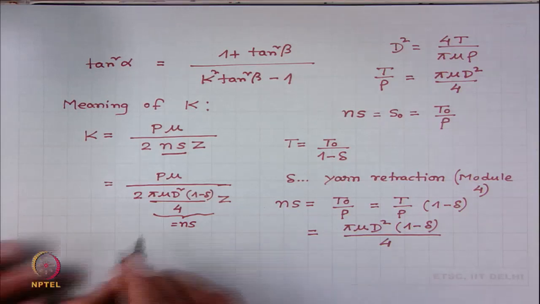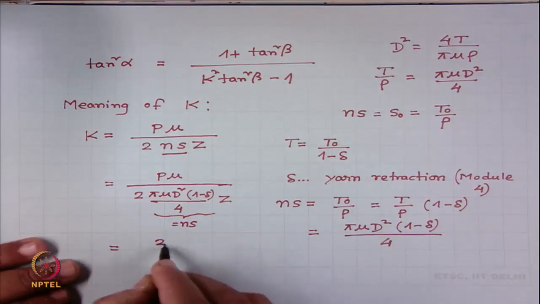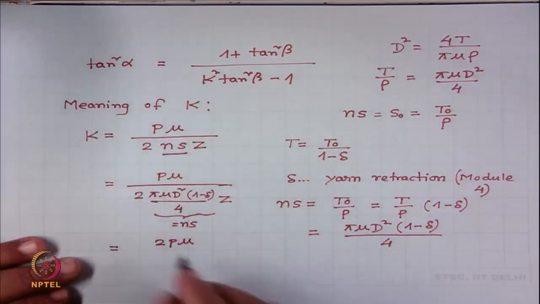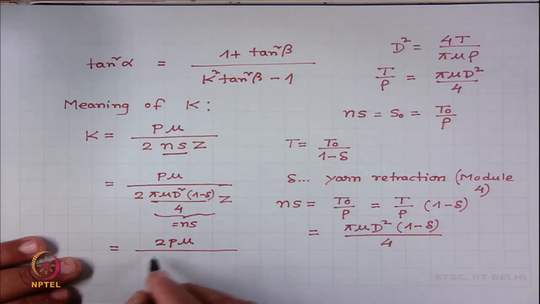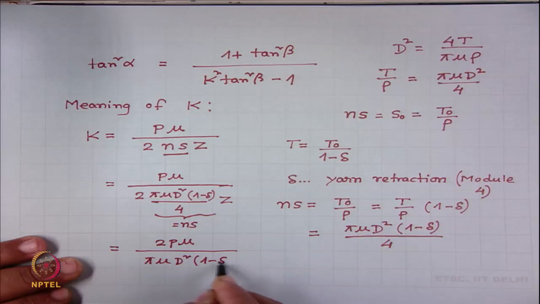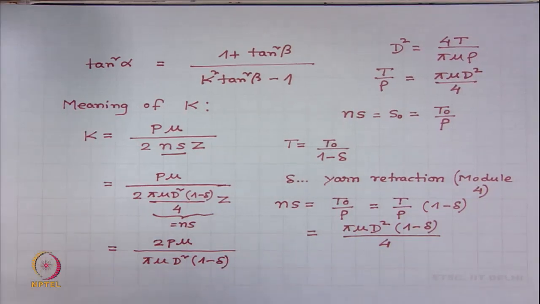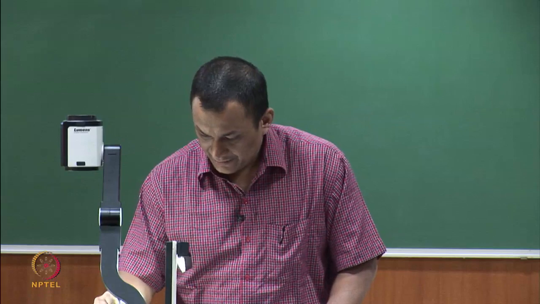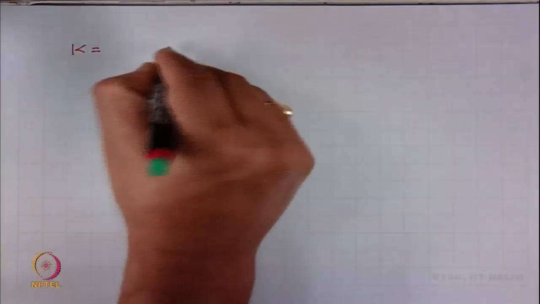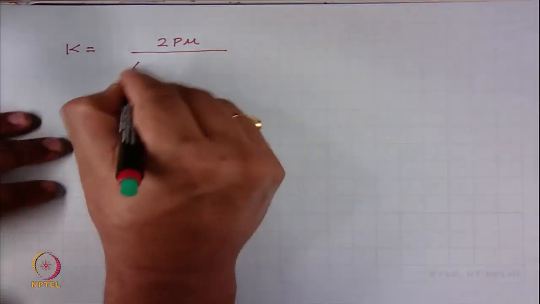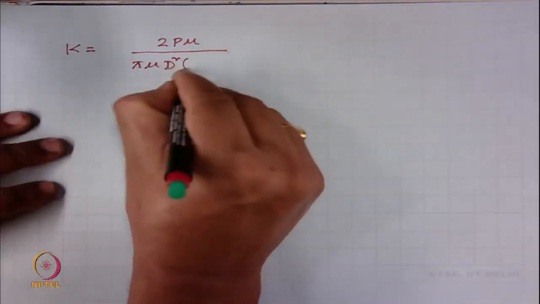Right. So, 2 p mu divided by pi mu d square, 1 minus retraction. Let us write it further. K is equal to 2 p mu over pi mu d square 1 minus retraction.